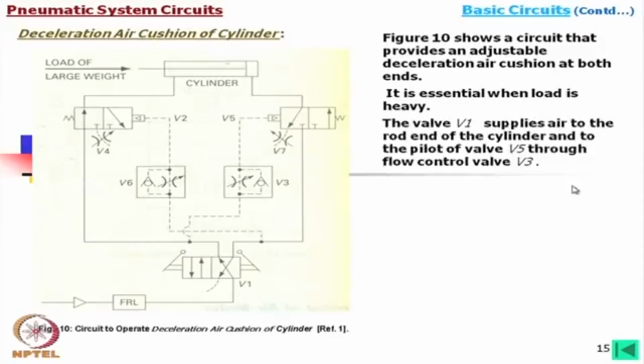The valve V1 supplies air to the rod end of the cylinder and to the pilot of valve V5 through the flow control valve V3. So, the valve V1 supplies air to the rod end side, as well as to the pilot side of this.